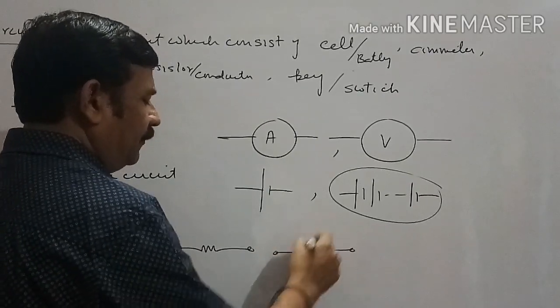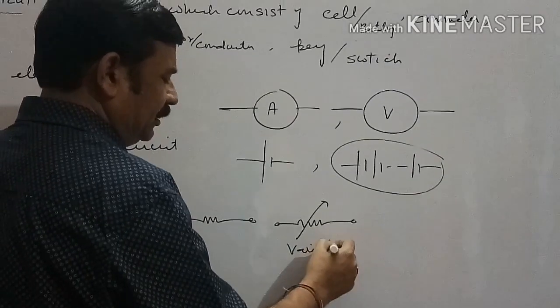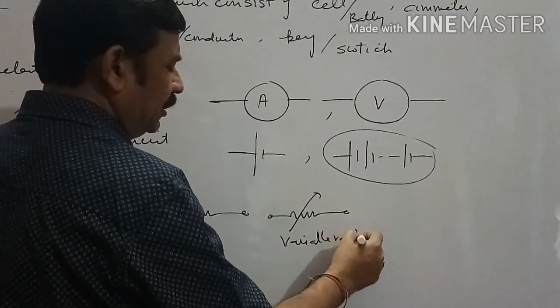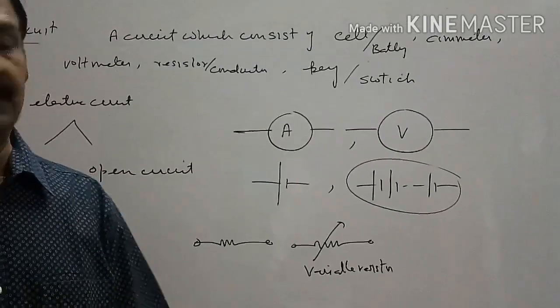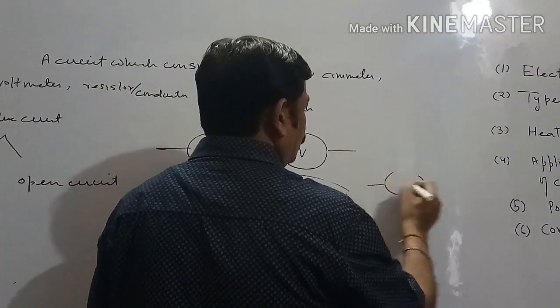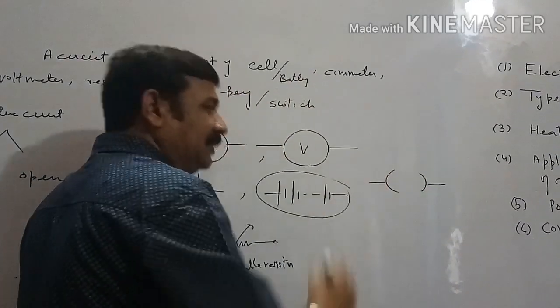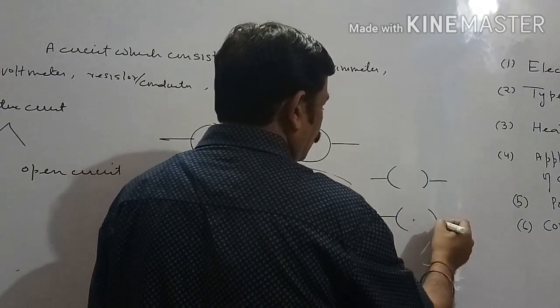This is the symbol of variable resistor. Variable resistor is a type of resistor whose resistance keeps on changing. This is the symbol of open key, and this is the symbol of closed key.